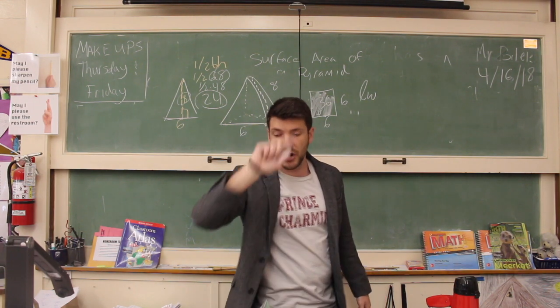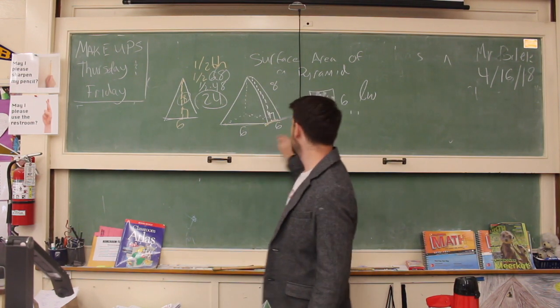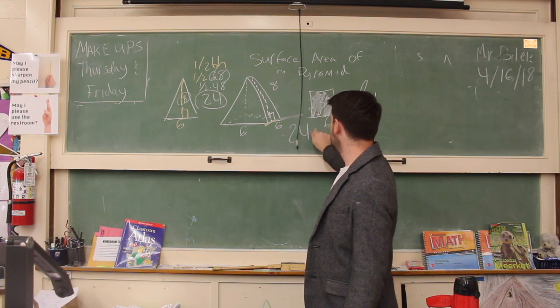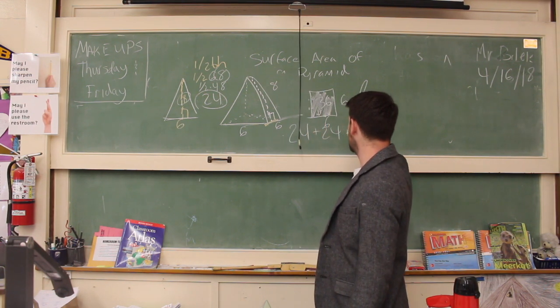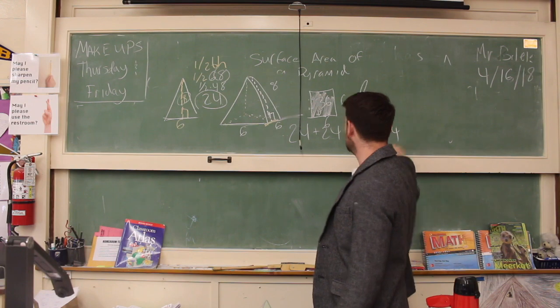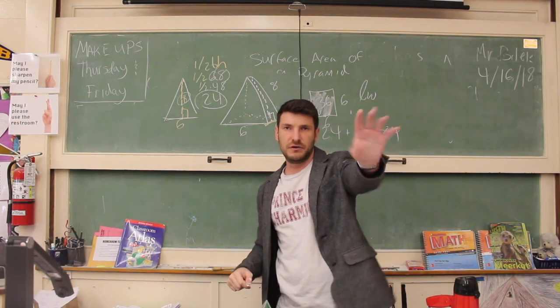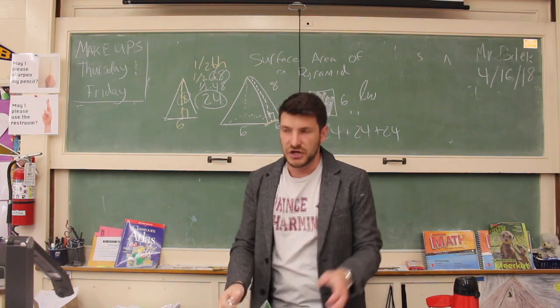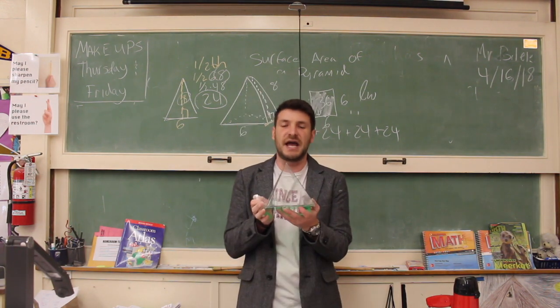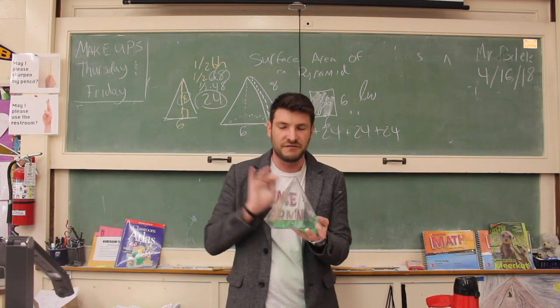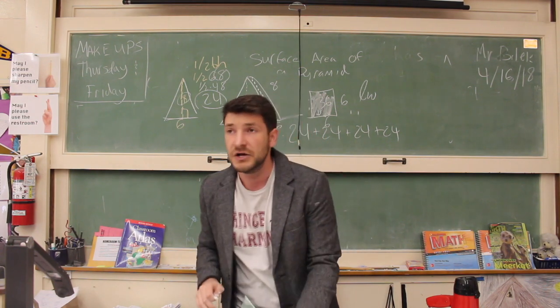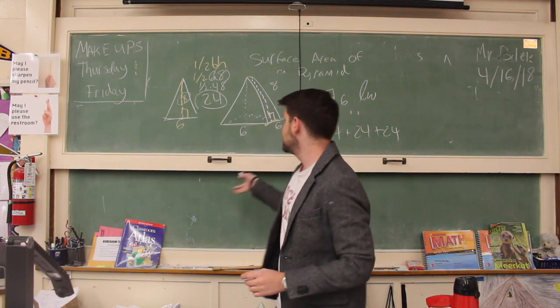So, let's put it all together. We have 24 plus 24 plus 24 plus 24. You could also save a lot of time by doing 24 times 4. 24 times 4 would be the correct answer because there are 4 of these sides that are equal.